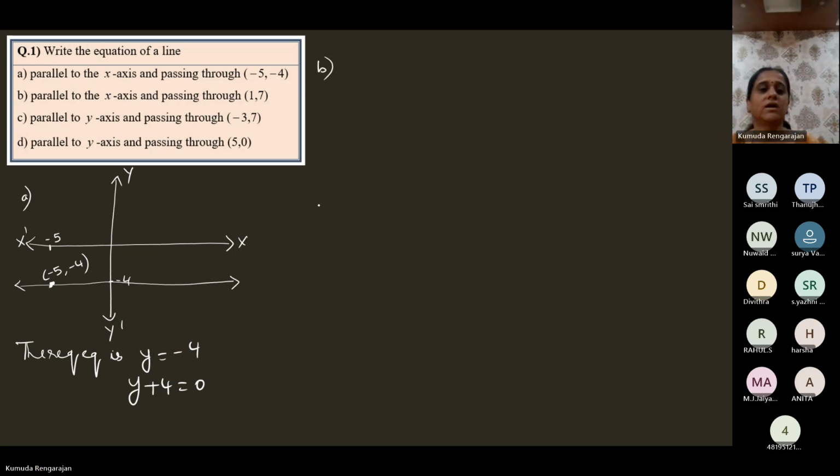Next one, parallel to the x-axis and passing through 1 comma 7.